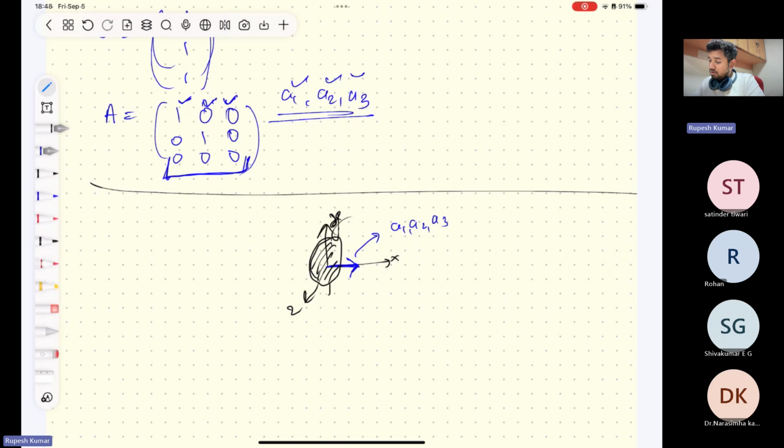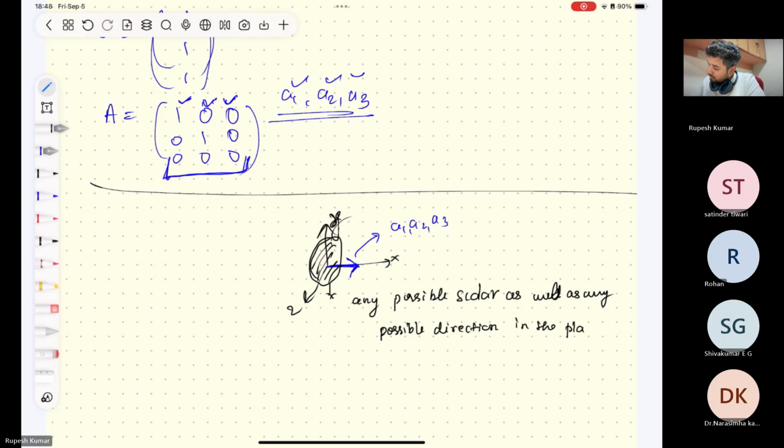So now not only any possible scalar in that direction, you also get any possible direction in the plane perpendicular to vectors a1, a2, a3.